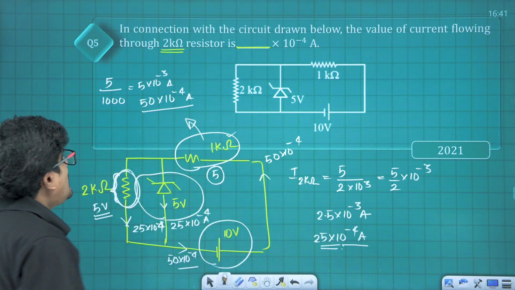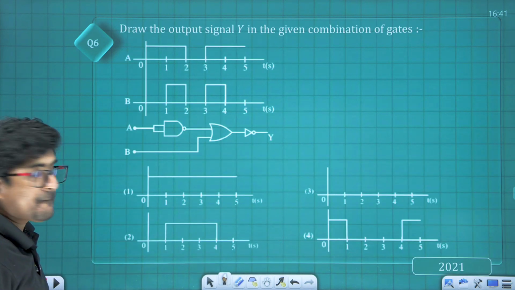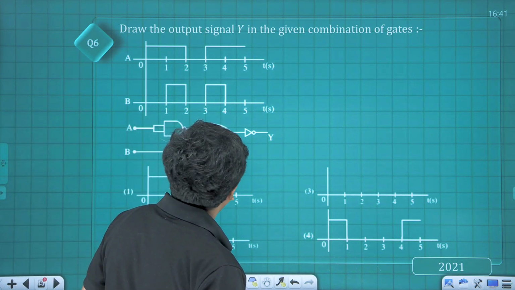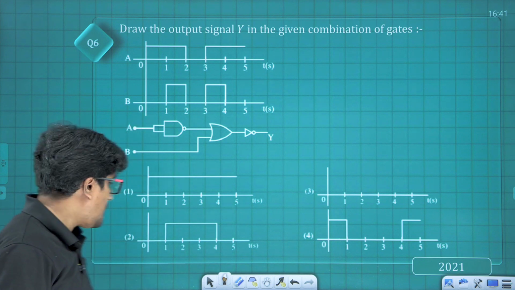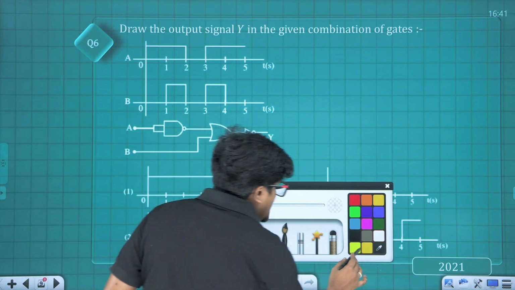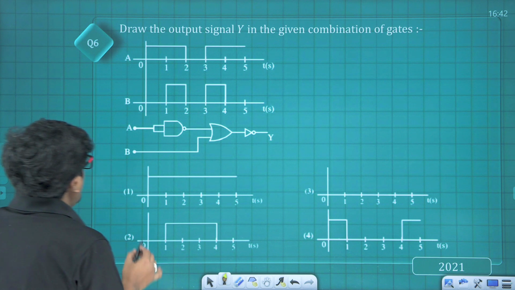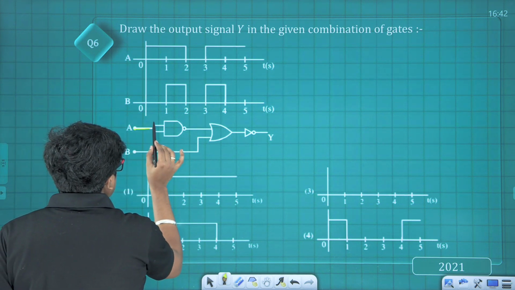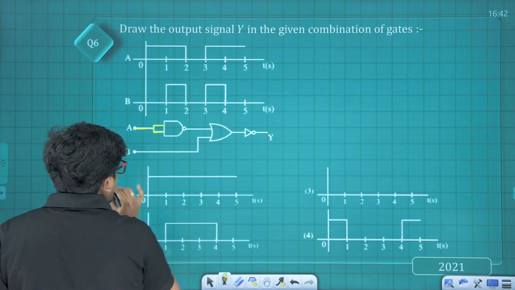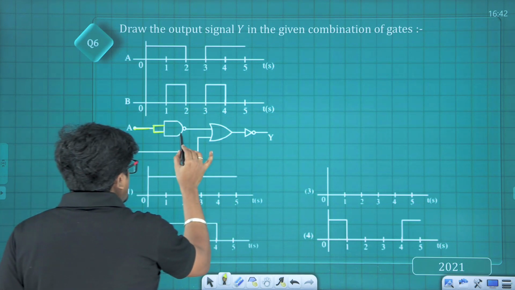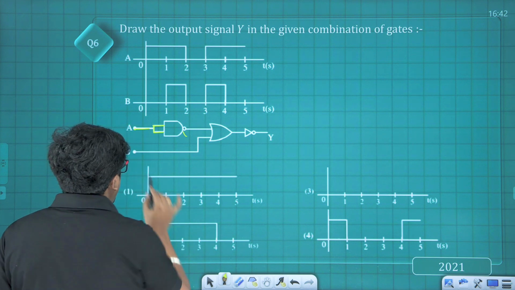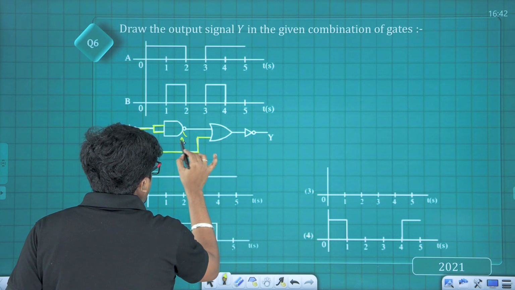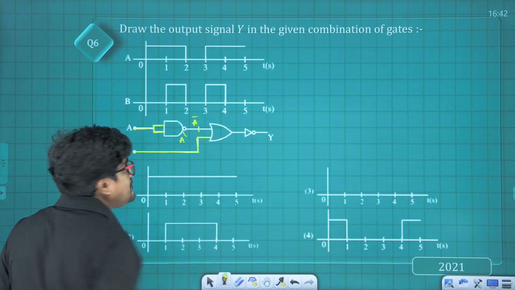Yes. Now let's move to the next, that is question number 6. Question number 6 says, draw the output signal Y in the given combination of gates. Yes, in this condition, let's first of all create the truth table. I am having A here, so that A is getting fed to this. So here this is going to be A only. And I am having B here, B is fed here, and since I am having A here, I am expecting A bar here.